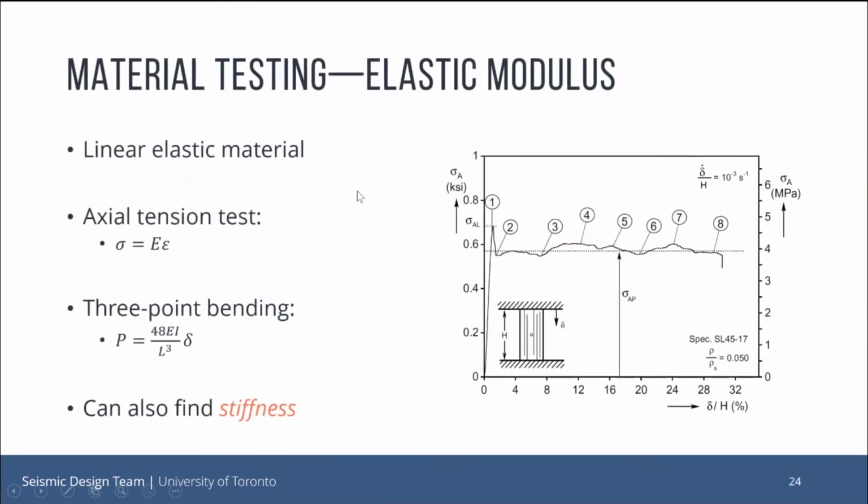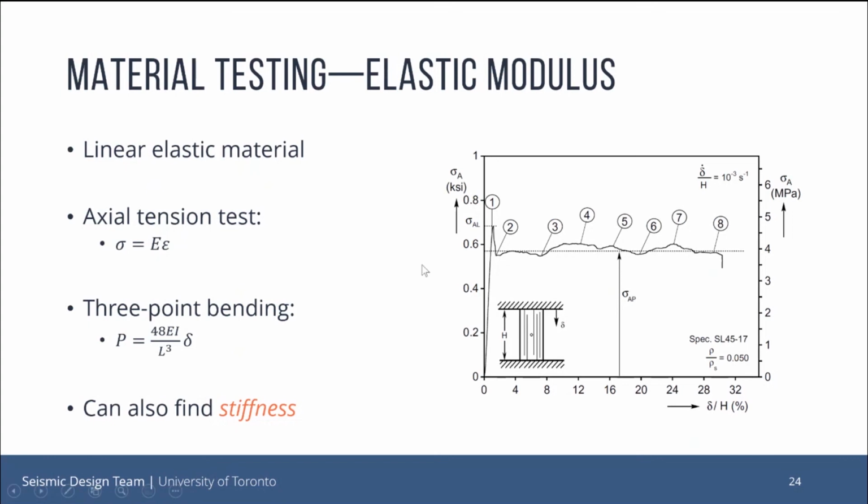And the last example is material testing. The assumption here is we use a linear elastic material. For an axial tension test, you can see that the stress, sigma, is proportional to the strain, epsilon, and capital E is precisely the Young's modulus, or the elastic modulus.